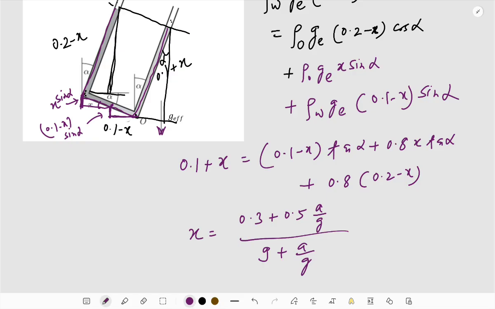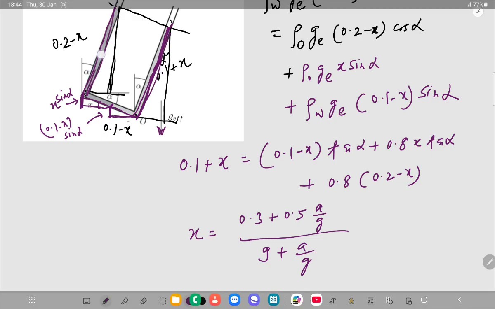And so you have to do one last thing. You have to find the difference in levels of the liquid. And the difference of levels of the liquid here is simply this length minus this length.